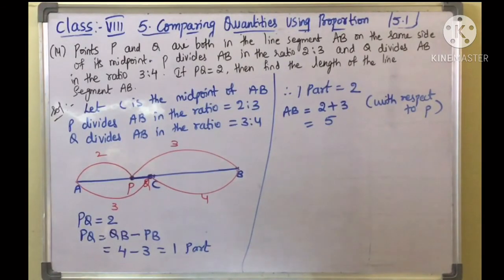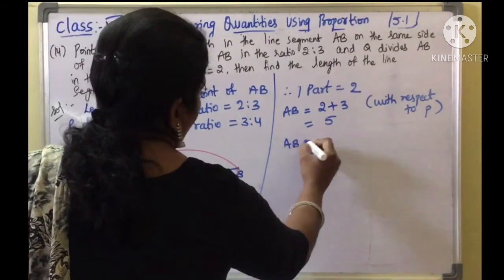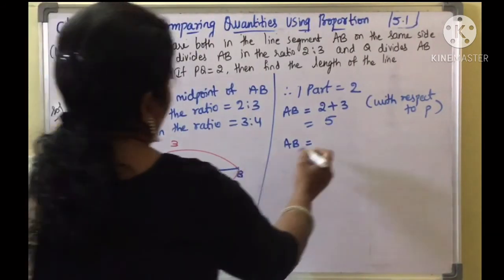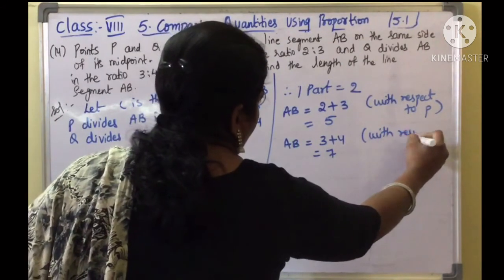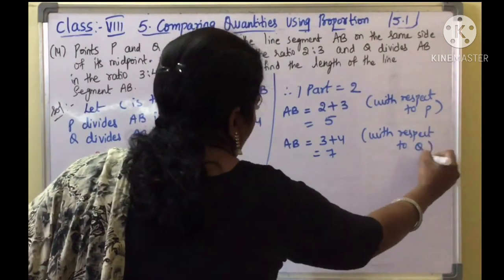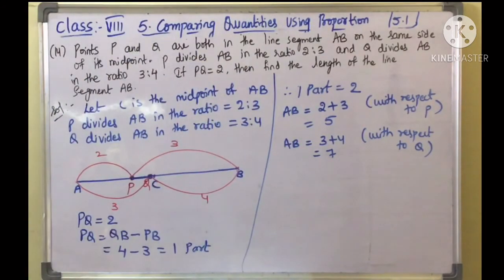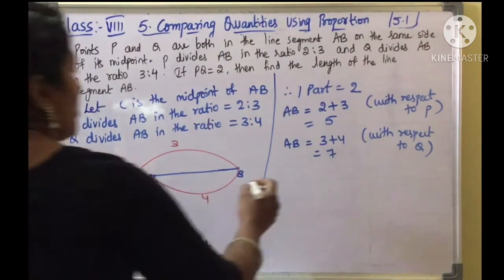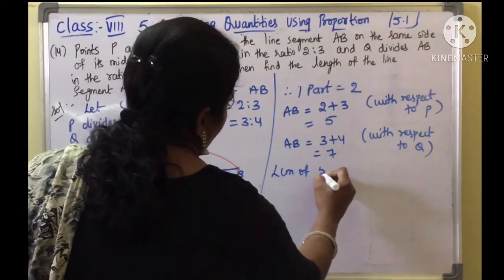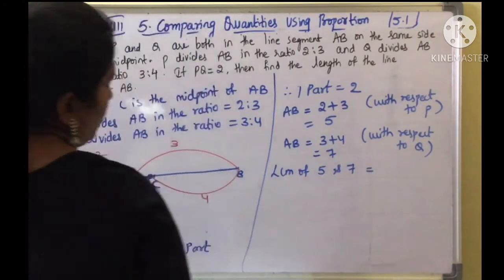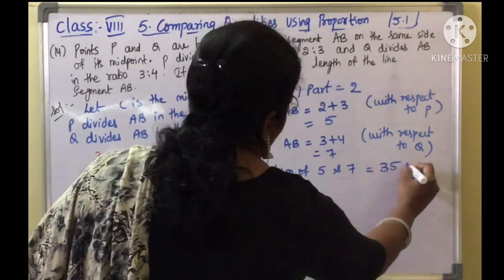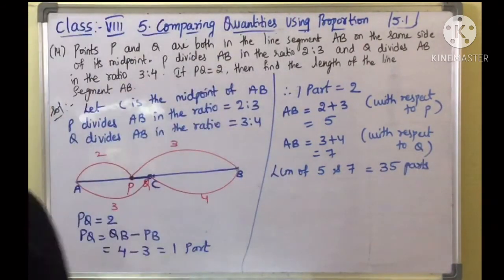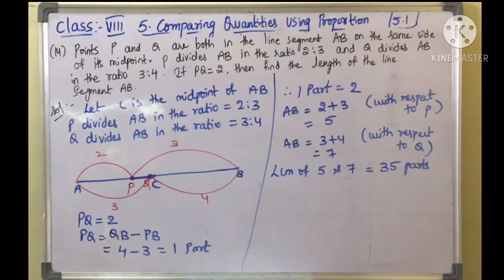Now we need to find AB with respect to Q. That is 3 plus 4. 7. So here you got AB with respect to P is 5 and AB with respect to Q is 7. Here find out the LCM of 5 and 7. So these two are co-prime numbers. So LCM is nothing but the product of these two numbers, that is 35 parts. So LCM of 5 and 7 is 35. So you got 35 parts.